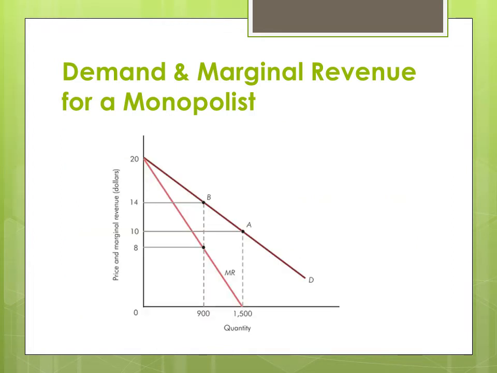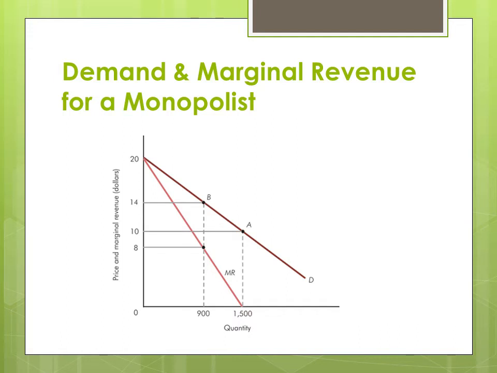In this diagram, on the x-axis is quantity and on the y-axis is price. Here the marginal revenue curve is below the average revenue or demand curve. In the monopoly case, the demand curve is downward sloping because the firm has market power.